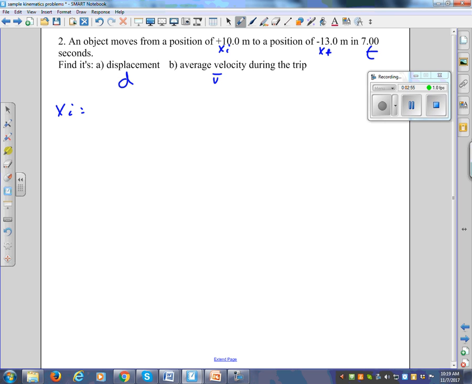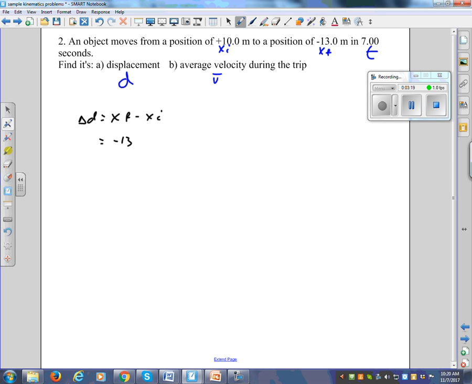Now, some people might like to write it out. If you're one of those people, you go right ahead. If you want to write out xi is equal to 10, and xf is -13, and so on, that's fine. You go ahead and do that, if that helps you. Okay, so to find the displacement, final minus initial. The final was -13.